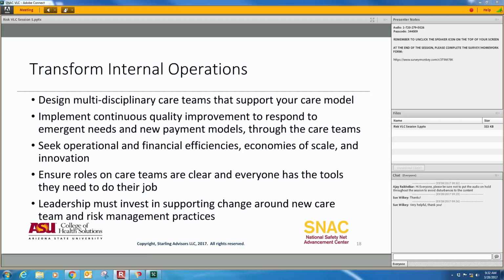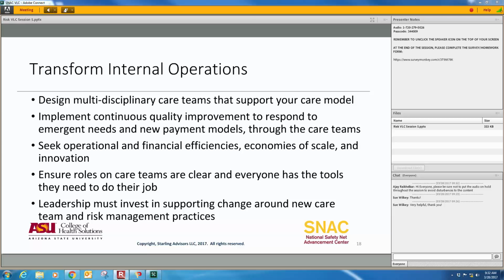If your care model is focused on behavioral health integration, obviously we would need to have both behavioral and primary care involved on the care teams. So it just really depends on what the goals and objectives are, but generally speaking, the more multidisciplinary, the better.